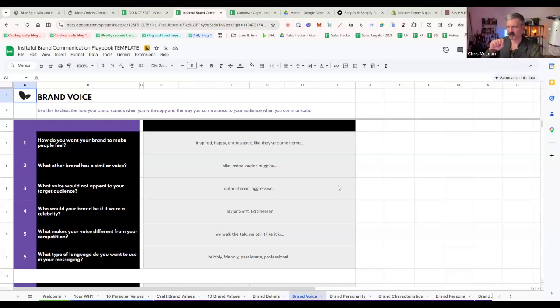You're saying specific words that trigger specific thoughts in a specific type of person's head, and that builds instant trust, which is ultimately what we're trying to do in 2 or 3 sentences at the top of the website, and then obviously through the rest of the site. That's ultimately why we go to this level of work, so that the right person goes, oh yeah, this is for me.